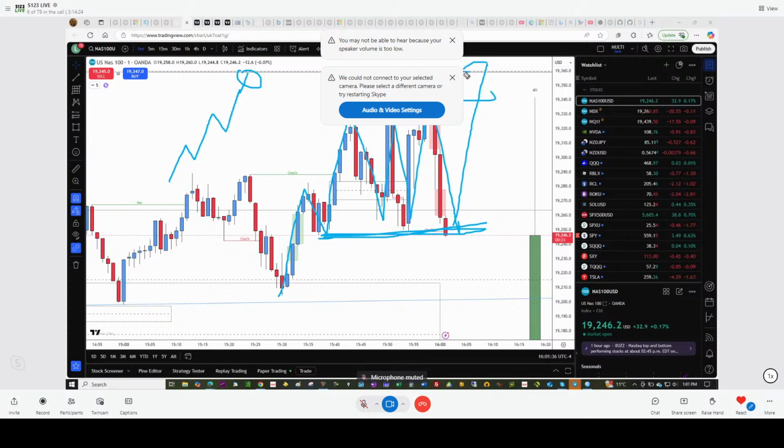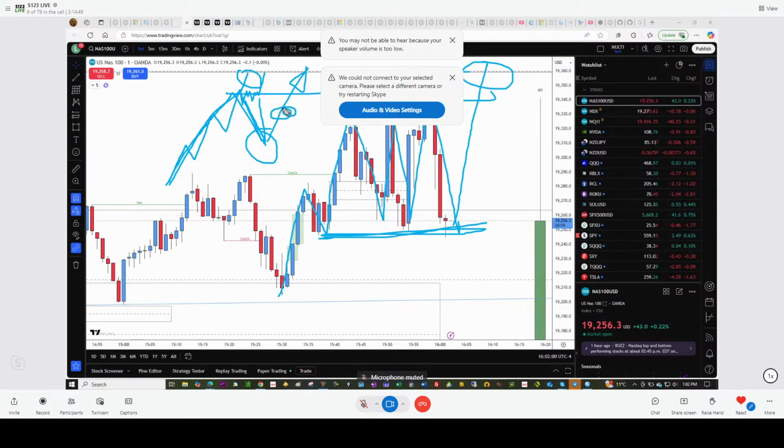So we're just up in here right now, just chopping around. So either we go up one more time or they just drop it from here, and that would give us our structure move. And then on the 1 hour, you can look at that as your 1-2. And either we're going to continue pushing up to take out the highs, or we just go halfway and turn back to the downside, which is what I'm expecting.